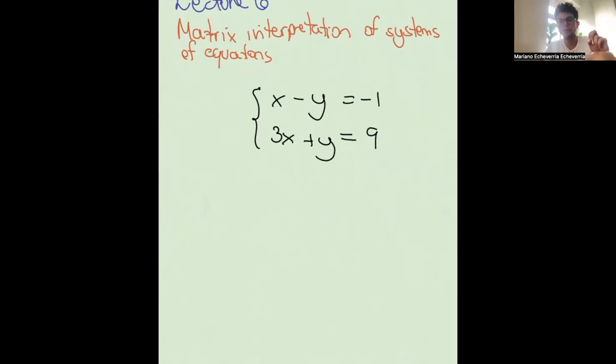And the way to do that is to think, for example, of the right-hand side as a vector. So we're going to think about these two equations as being the components of a vector. So here's the idea. Think of the equations.